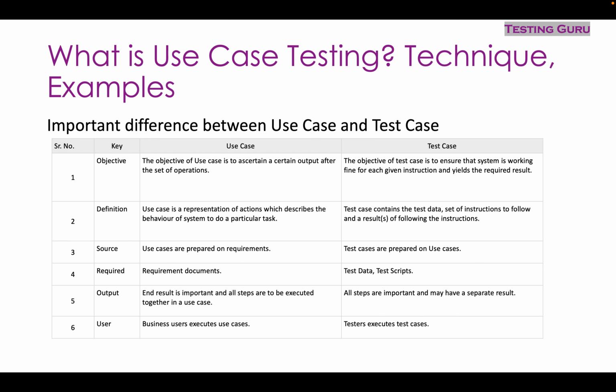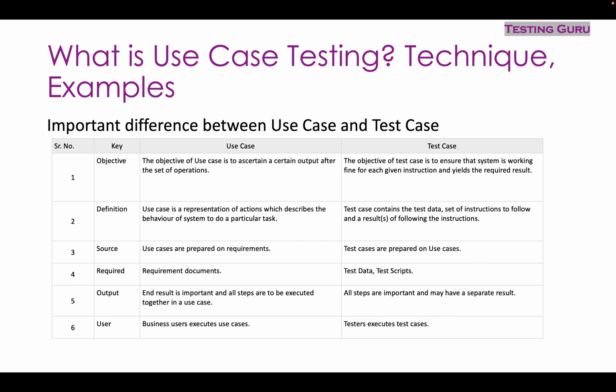The important differences between use case and test case are based on different key parameters. For example, the objective of the use case is to get a certain output after a set of operations. So getting the output is the intention or objective of the use case. But the objective of the test case is to ensure that the system is working fine for given instructions and the required results.